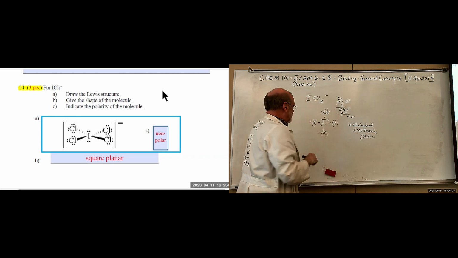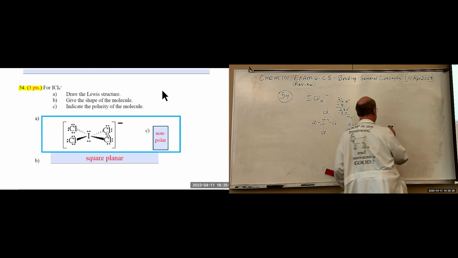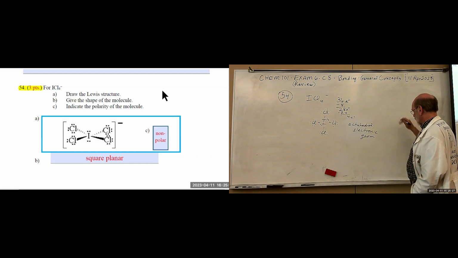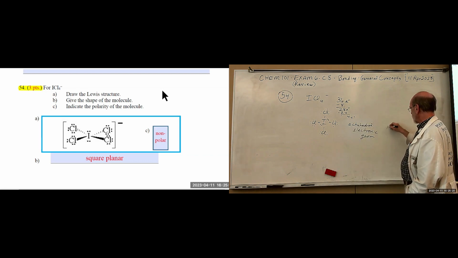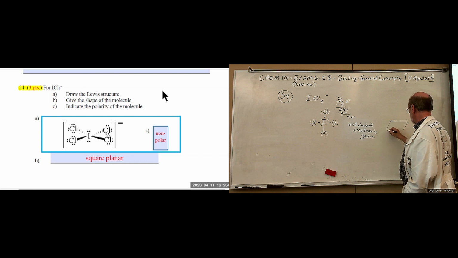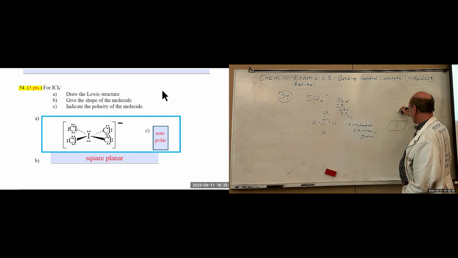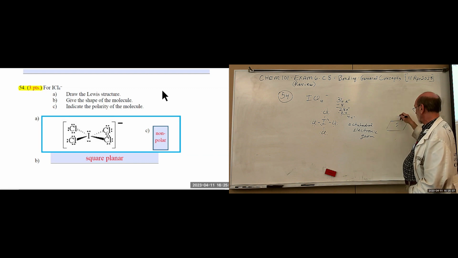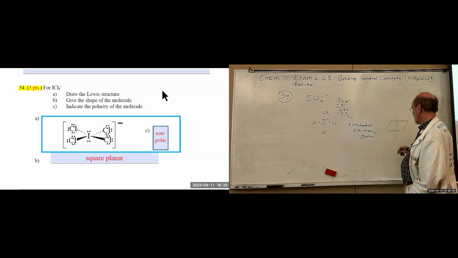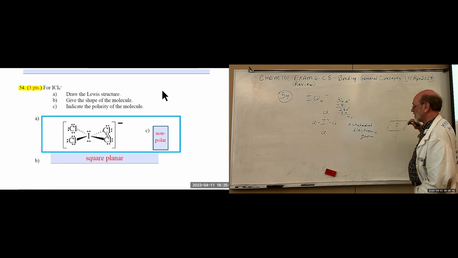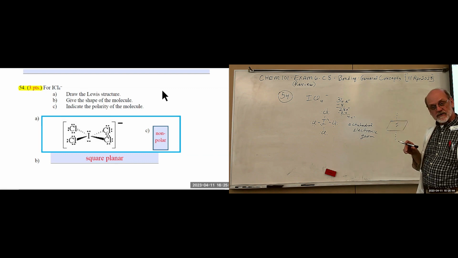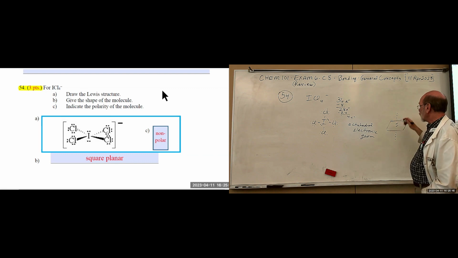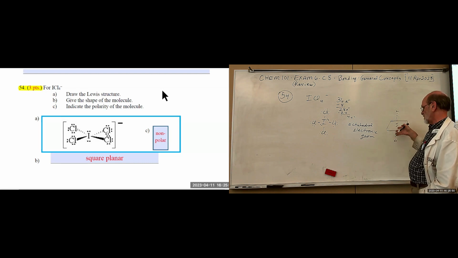Okay, so when we draw the octahedron, we've got a square here, we've got I down in the middle, and we've got something up here and something down here, right? So what goes out here and what goes up there? Well, for octahedrons, the lone pairs tend to go on the apexes, and we got 2 of them.